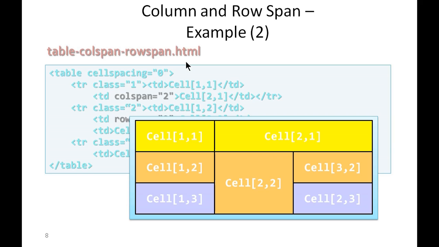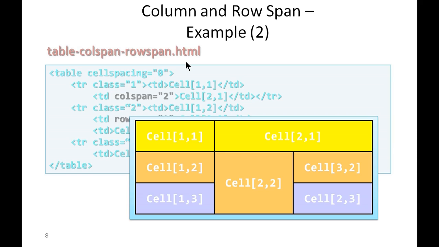You can see cell 1 1 and then cell 2 1. Column span is 2 for cell 2 1. You can see td colspan equal to 2 cell 2 1 slash td, so it is occupying two columns.